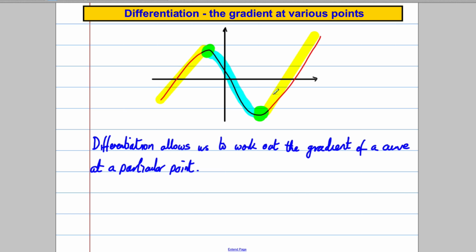So the gradient is changing at each different point along the curve, and differentiation allows us to work out the gradient of a curve at a particular point. How do we define the gradient of a curve at a particular point? Well, hopefully you know this.